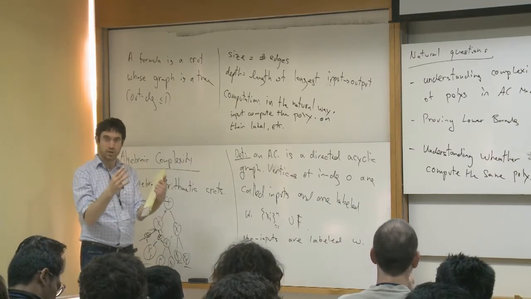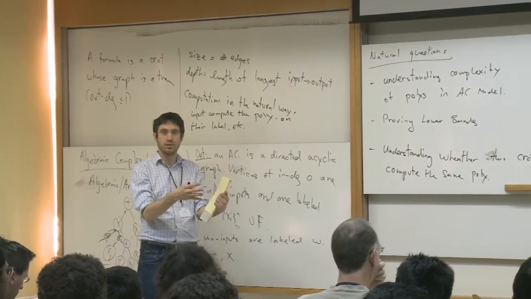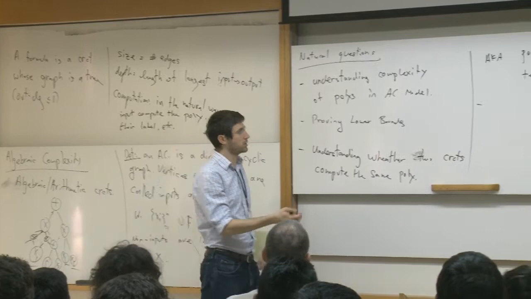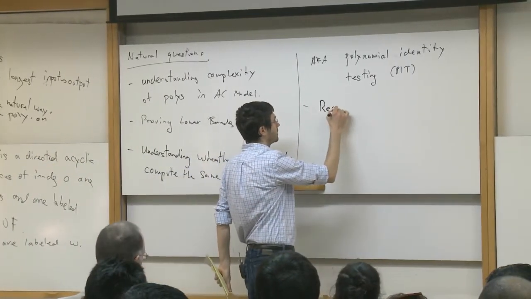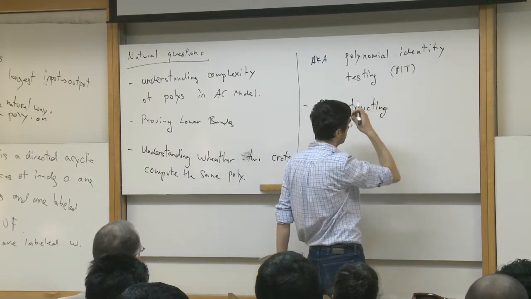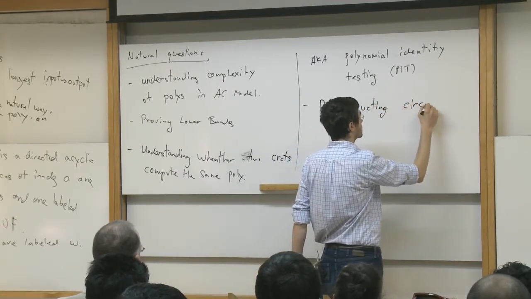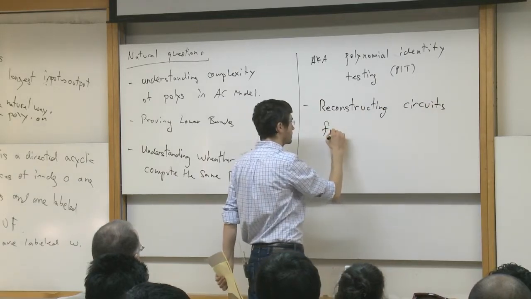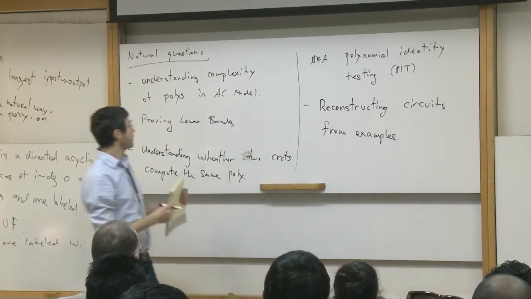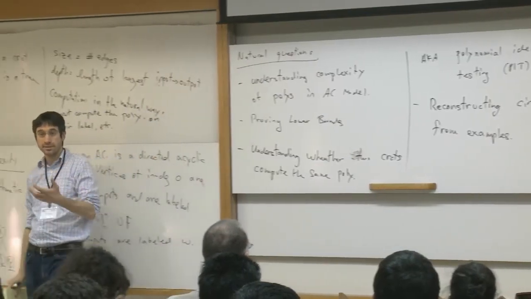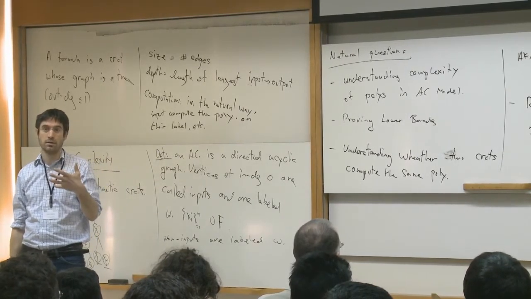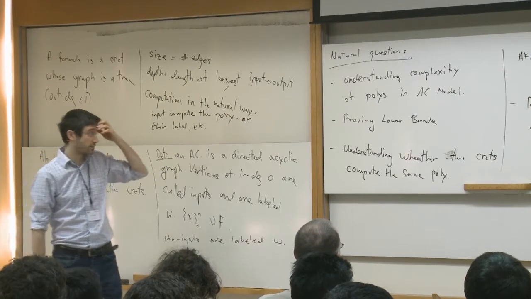And from that collection of examples, you want to reconstruct the circuit inside the box. So the three problems, proving lower bounds, polynomial identity testing, and reconstruction of arithmetic circuits are the main questions in this area.